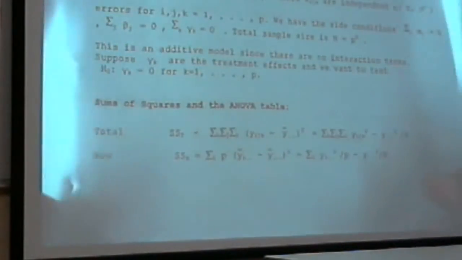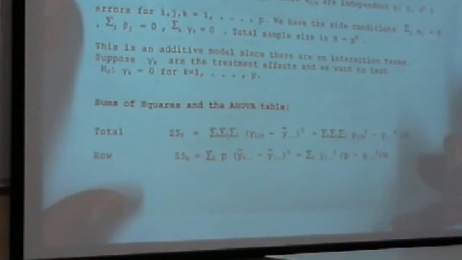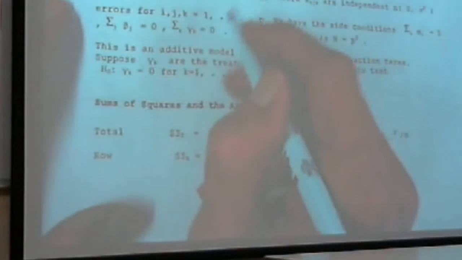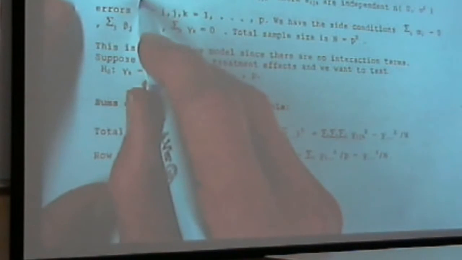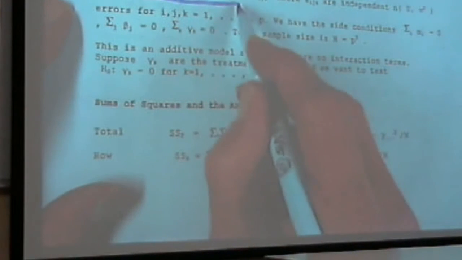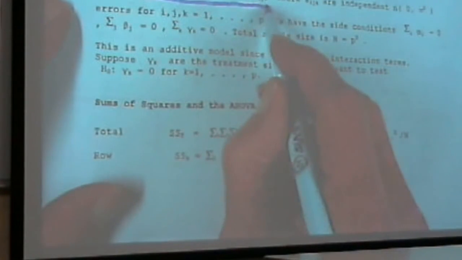So for this kind of data in a Latin square design, size p by p, I'm going to write the data Yijk as mu plus alpha i plus beta j plus gamma k, another parameter, plus Eijk.